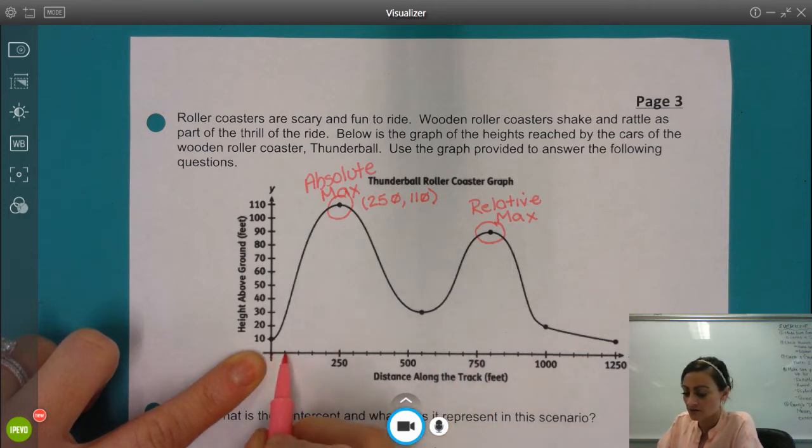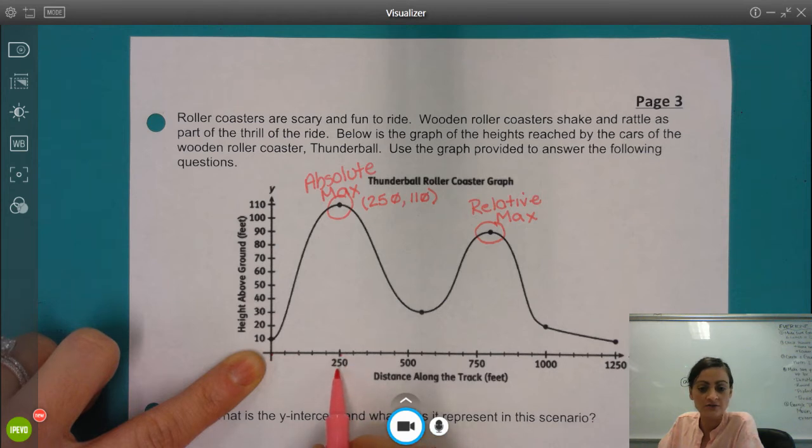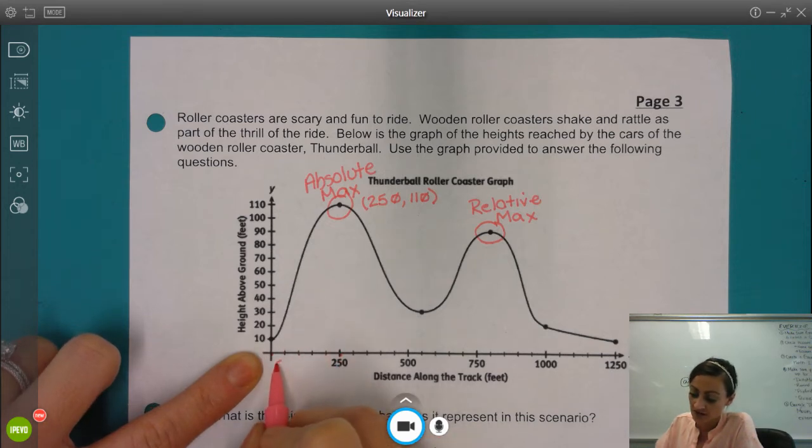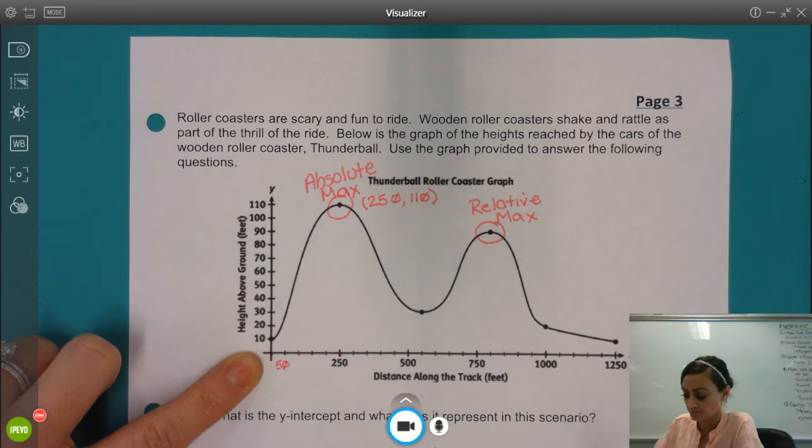Well, there are 1, 2, 3, 4, 5 tick marks that take me up to 250. So if I count by what number, it would take me 5 jumps of that number to get to 250. Well, it would be 50. 50, 100, 150, 200, 250. So I know that every tick mark along the way is a value of 50.